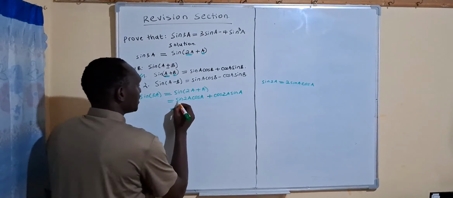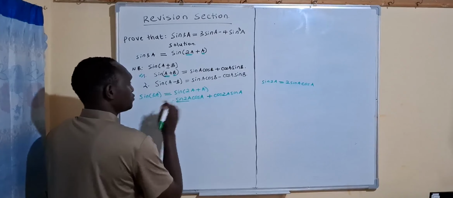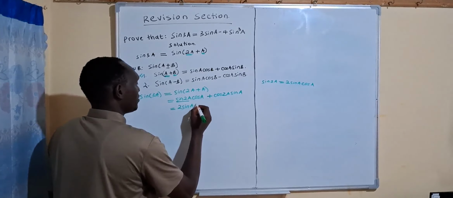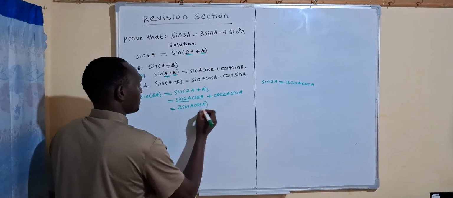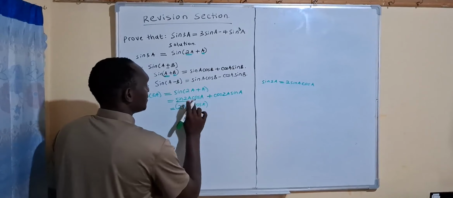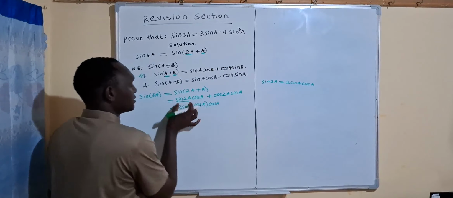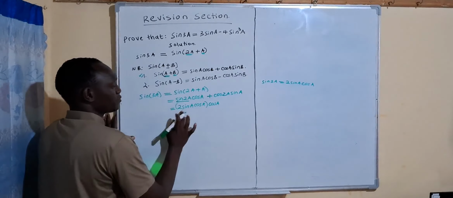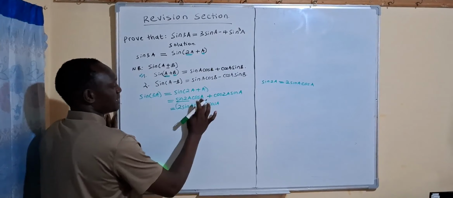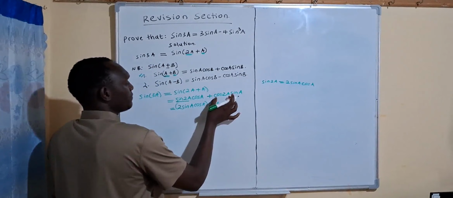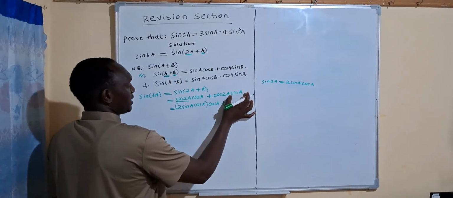So we shall substitute here that sine 2A is the same as 2 sine A cos A. And then we have this other cos A. It is only sine 2A that is the same as 2 sine A cos A, but there is this other cos A.